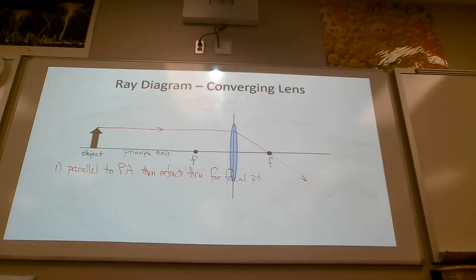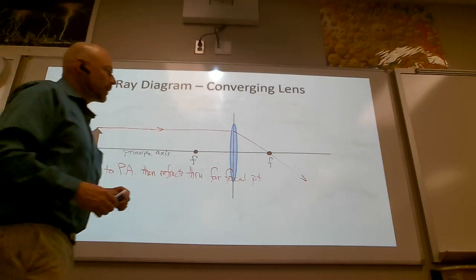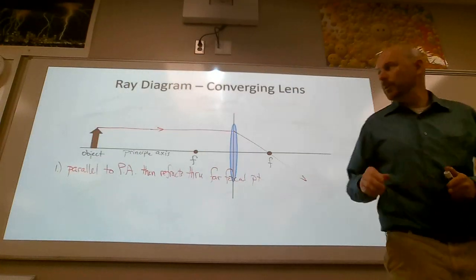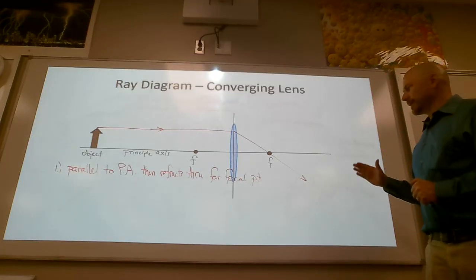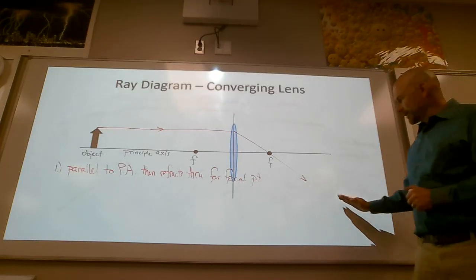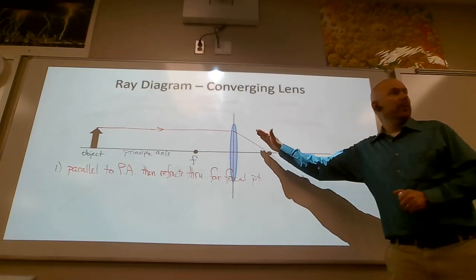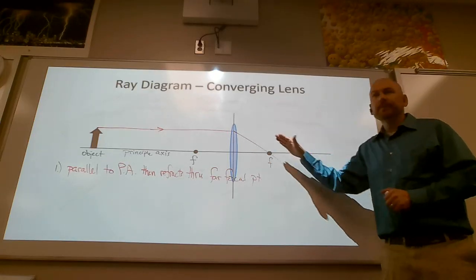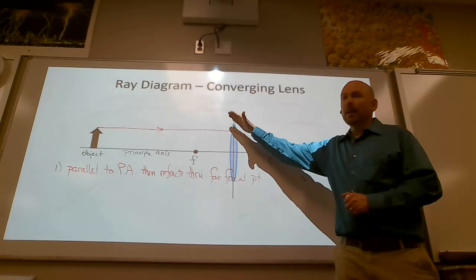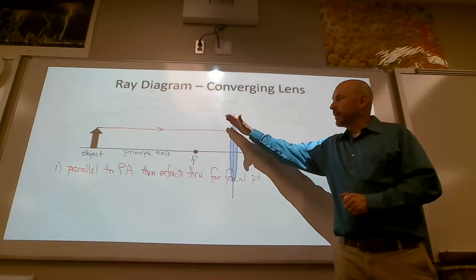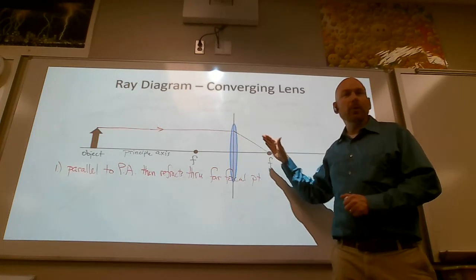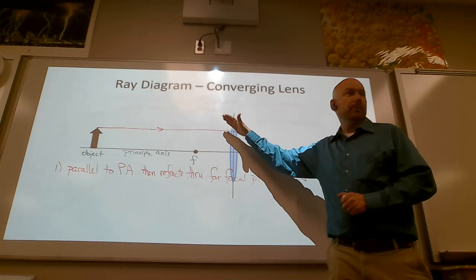That's the first ray. The second ray is we're going to employ this idea here. If I reverse this ray and I went through this focal point, how would the light bend after going through this lens?